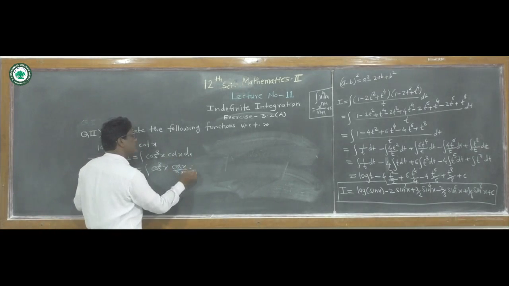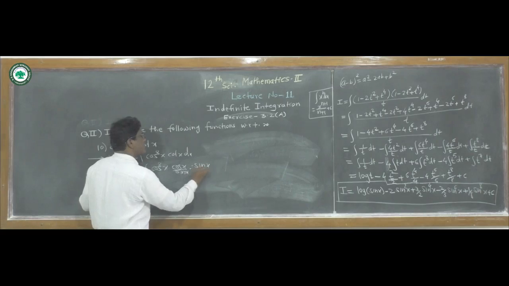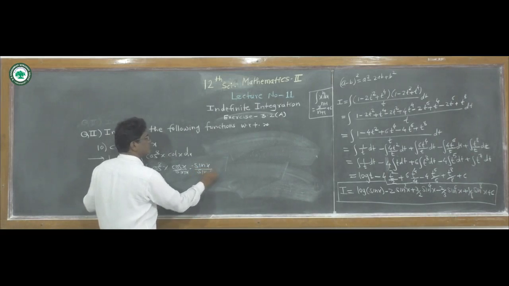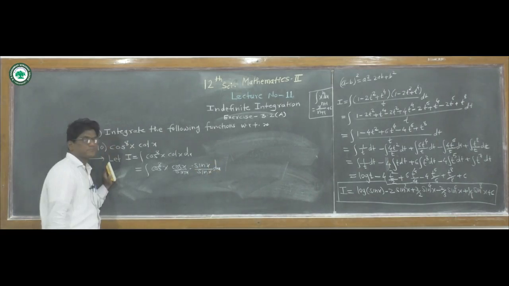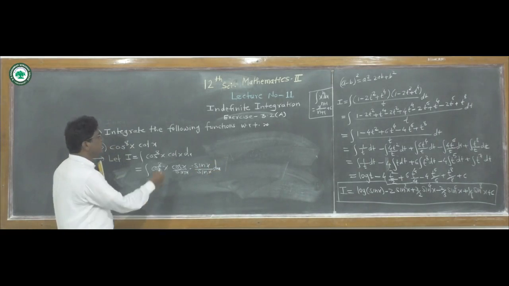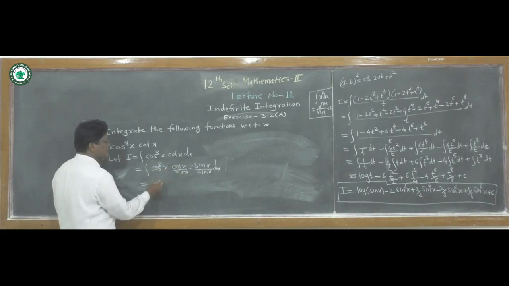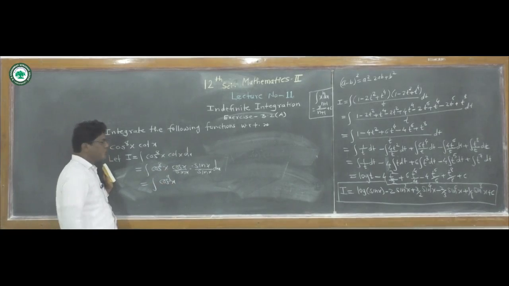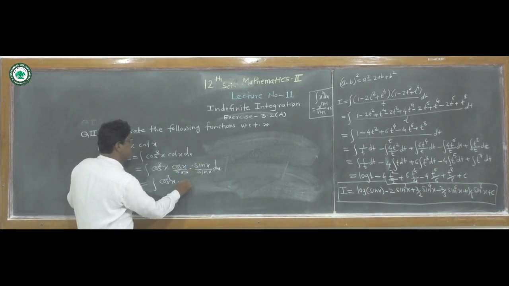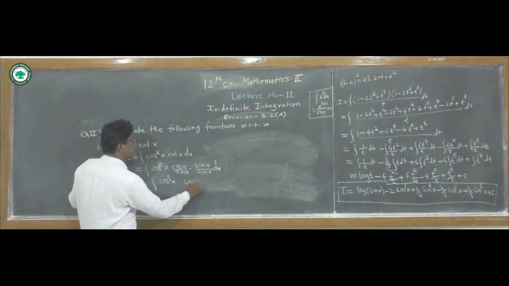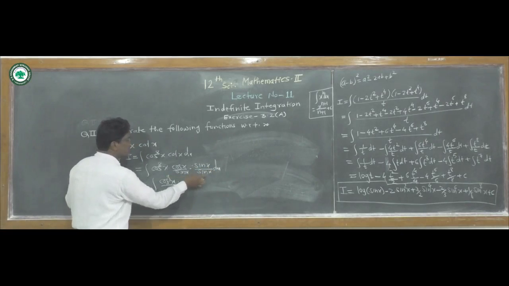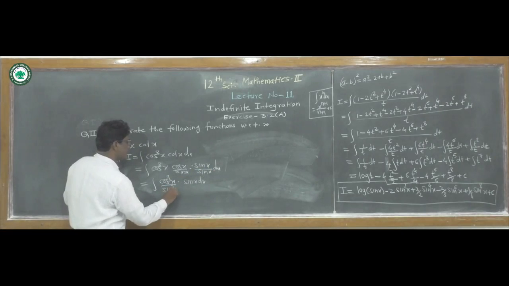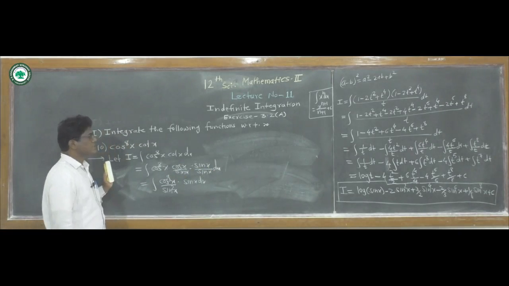And here we also multiply by sin x upon sin x into dx. Get it? So we get integration of cos raised to 8x into cos x, that is cos raised to 9x, into this sin x dx, and upon sin x into sin x, that is sin square x.